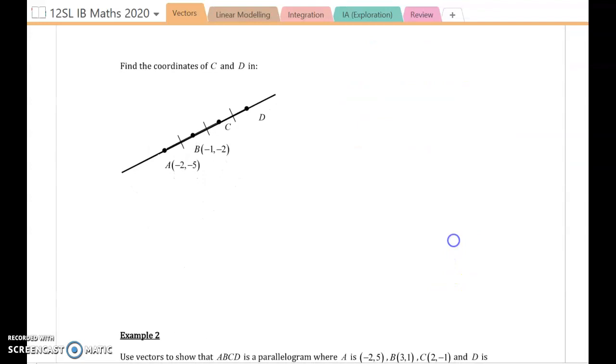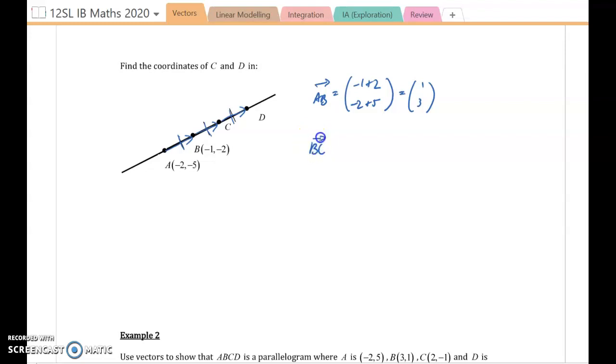For this example, it's asking you to find the coordinates of C and D. So they only gave you A and B though. However, they've shown you that they're equidistant, which means that this vector would be the same as this vector, which is the same as this vector. So for vector AB, that would be negative 1 plus 2 minus 2 plus 5, which is 1, 3, right?